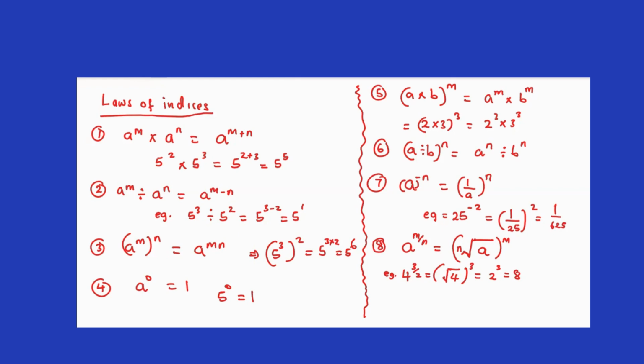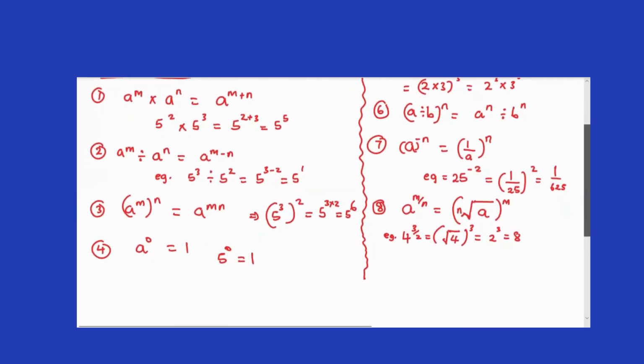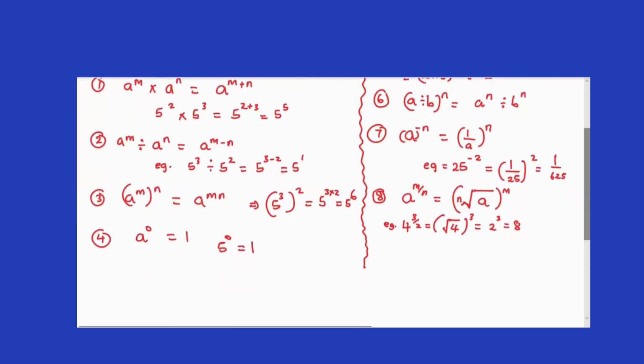I want to give another example here, which is a fraction but a negative index, to just link up with law number 7. So another example will be, I'm going to use the same example there, but now 4 raised power negative 3 over 2.